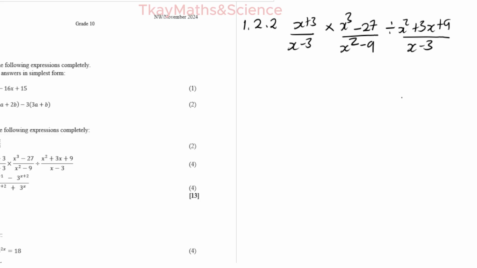Okay, so let's start by factorizing our components here, whatever we can factorize, right? So remember, like this one on top, these two here are already simple, but this one you can factorize further, and this one also, it's a difference of 2 squares.